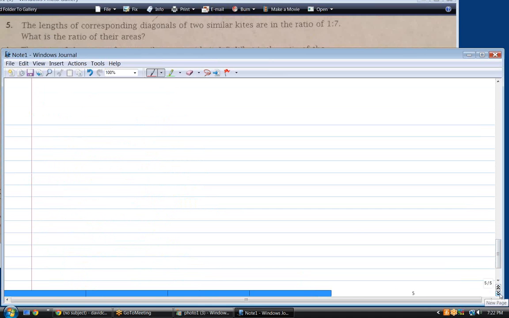The lengths of corresponding diagonals of two similar kites are in the ratio of 1 to 7. What is the ratio of their areas? What they mean is, there's one kite.